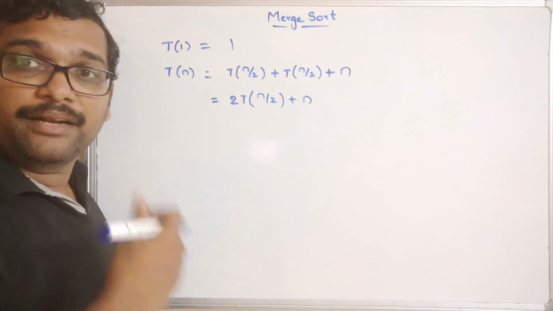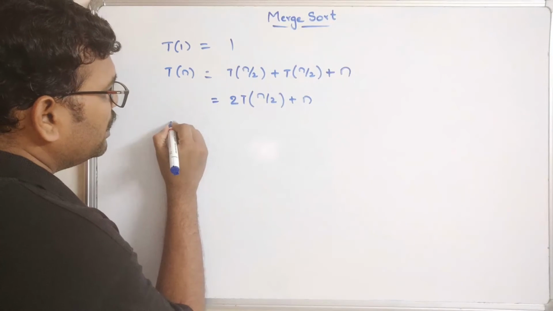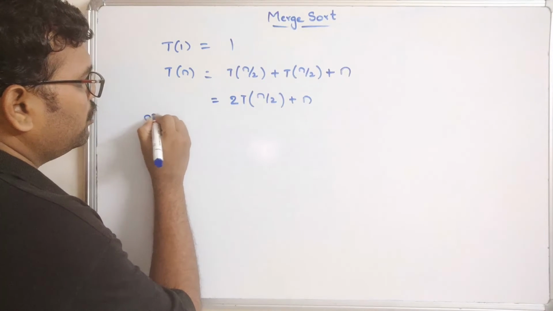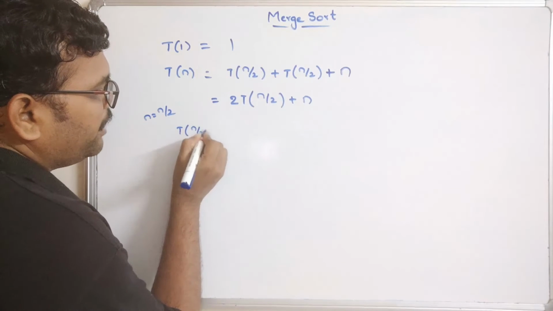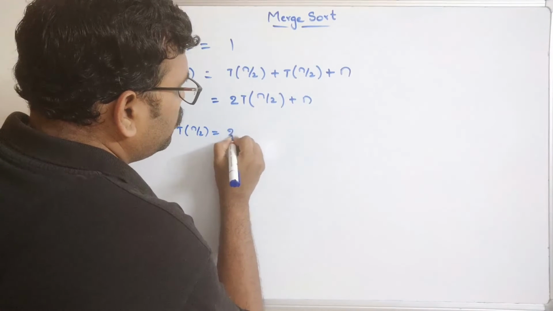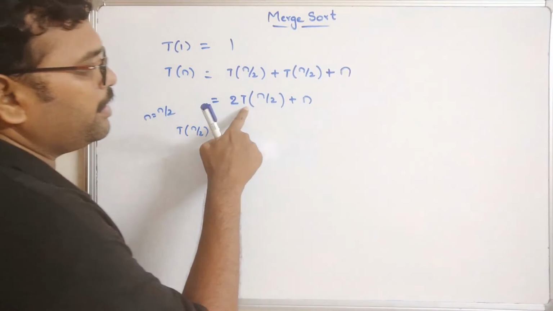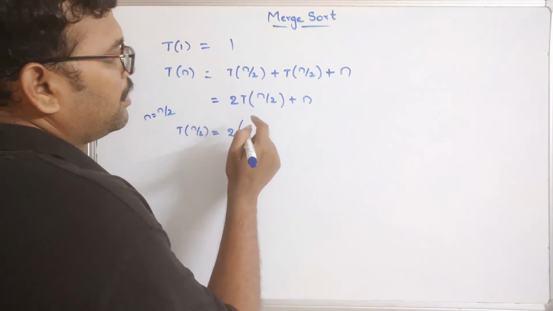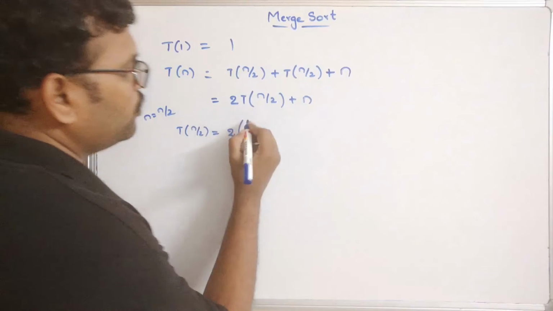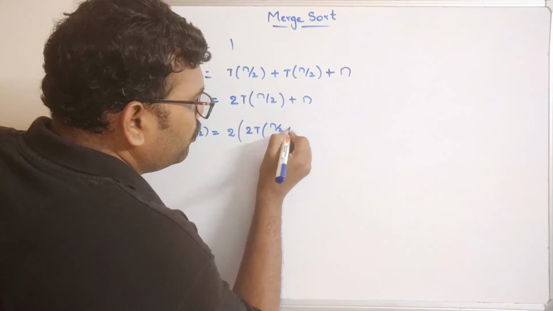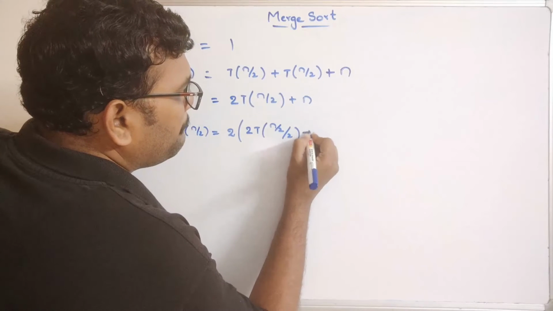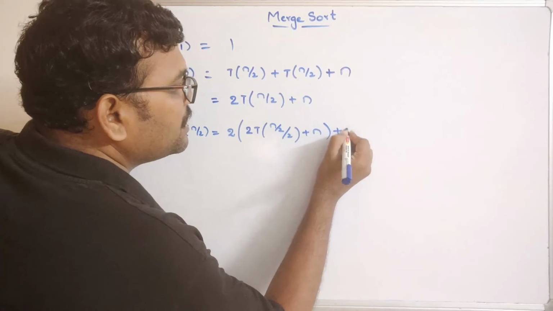Okay. Then coming to the relation. If n is equal to n by 2, right? Then T of n by 2 is equal to 2 into T of n by 2 divided by 2 plus n by 2, so 2T of n by 2 divided by 2 plus n, plus n.